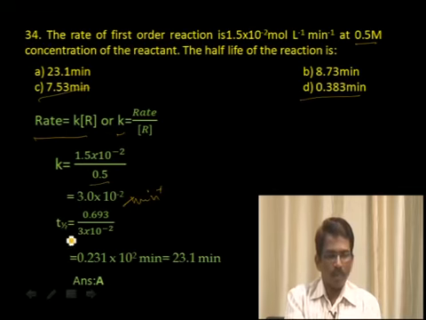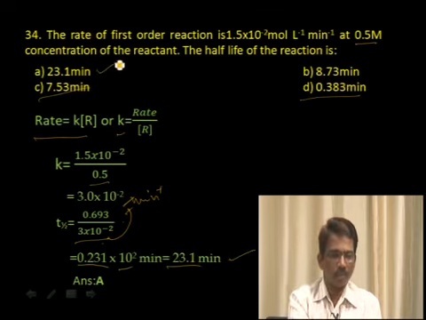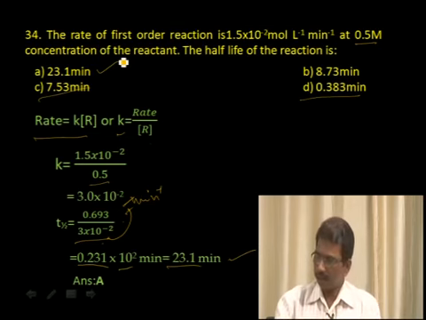T half of a first order reaction, you know very well, is given by 0.693 by K, that is 0.693 by 3 into 10 to the power minus 2, and 0.693 by 3 would be 0.231, and if this 10 power minus 2 goes to the numerator, it becomes 10 power plus 2. Obviously 0.231 into 100, that is 23.1 minute, and the correct answer becomes option A.